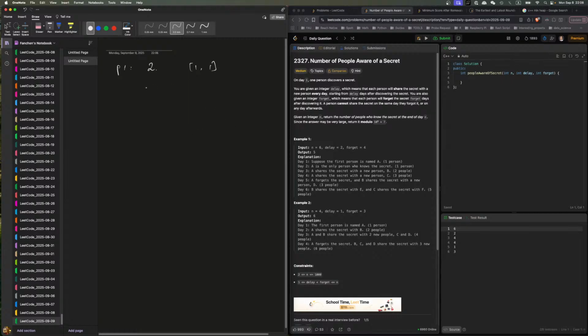And in this case, after the first one is done, and actually forget, so we actually get 3 to 3 to 4.